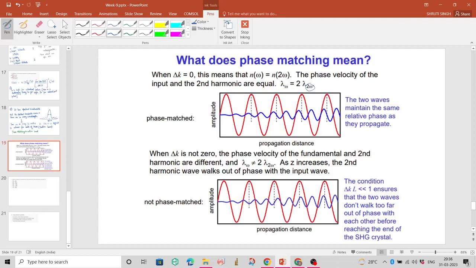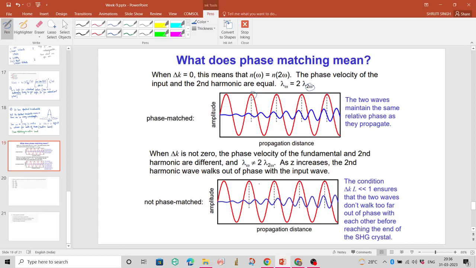It is shown here with this gray dotted line, that you can see that wherever this dotted line is, the relative phase, like the maximum of this is matching with the second harmonic. The maximum of this is matching at exactly the same point as here, and as here. So the phase difference between the two waves is not changing. The phase difference is constant.